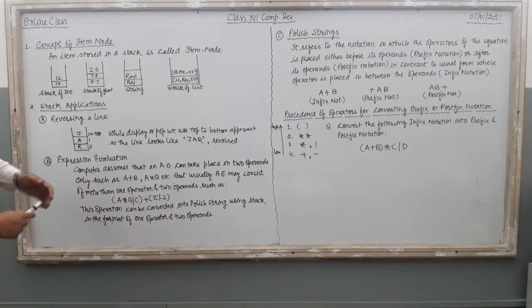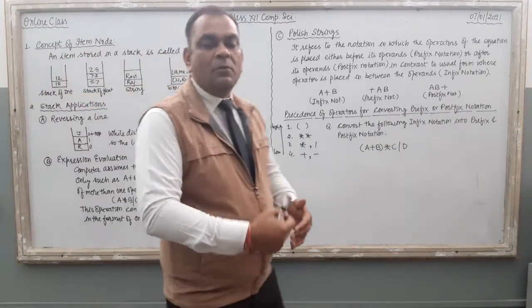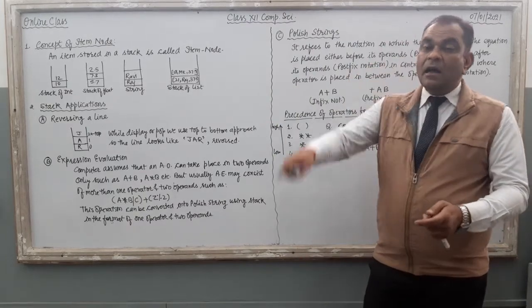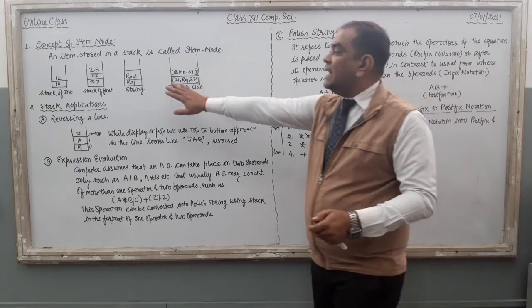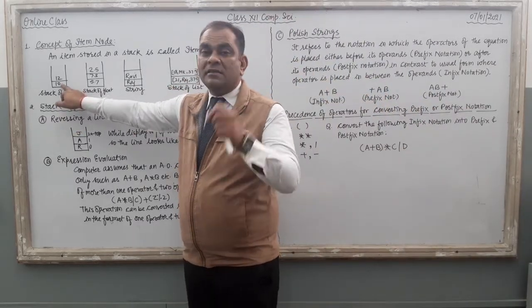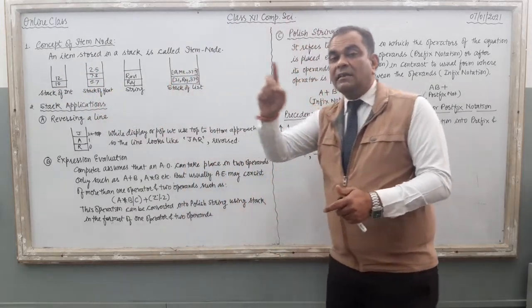The very first term is known as item node. What is item node? Item node refers to the specific item that is stored inside the stack. Just see here, 4 different stacks are there, and if you see the very first stack, 10, 12 integer elements are there in the stack.